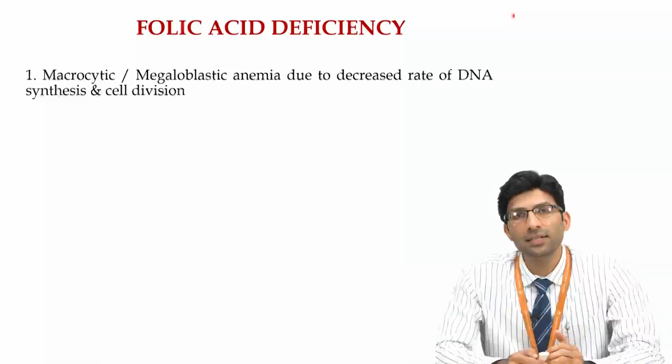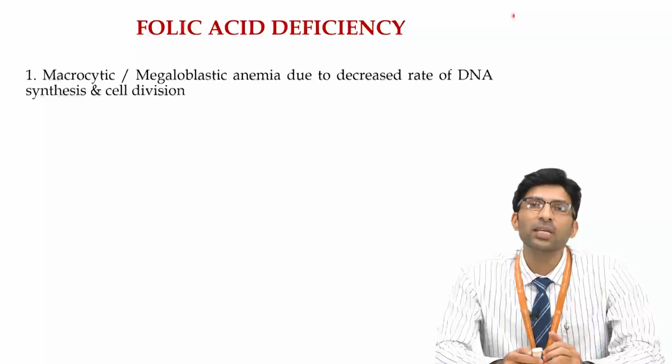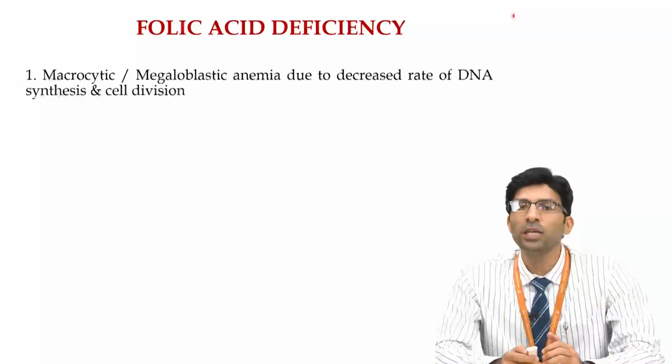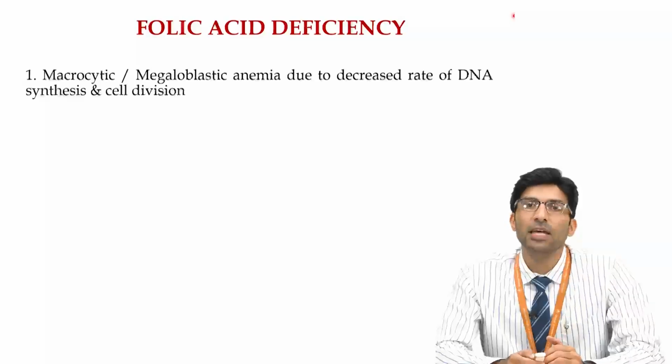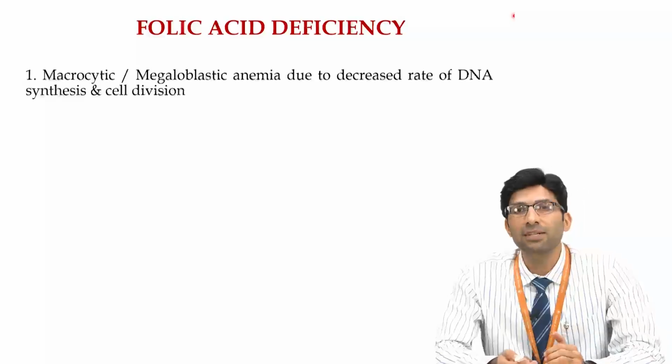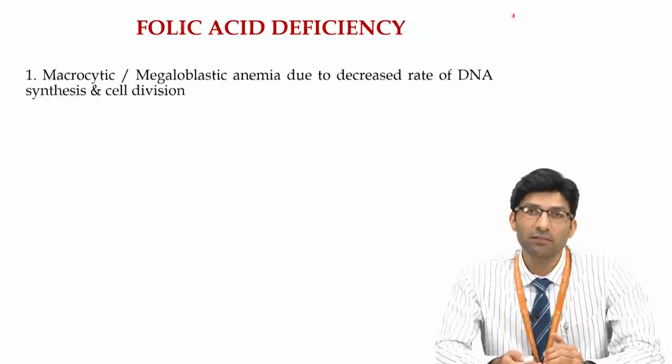As we have seen earlier, folic acid is a very important component of purine and pyrimidine synthesis. Purine and pyrimidine are basically helpful in the formation of nucleic acid. If folic acid is not there, then purine and pyrimidine synthesis will be affected, and hence the synthesis of DNA will be affected and the cell division will be affected.